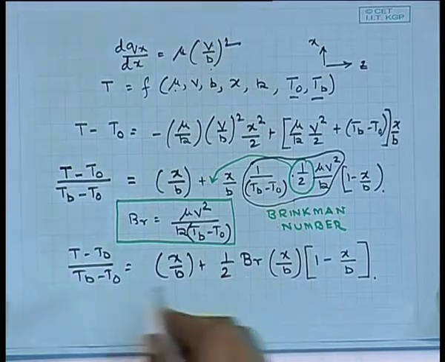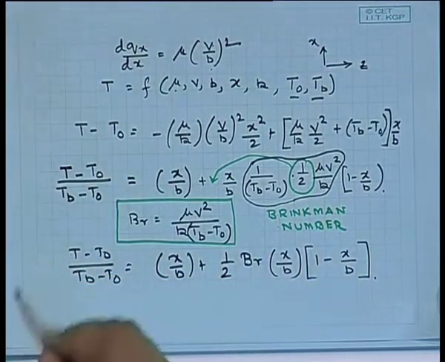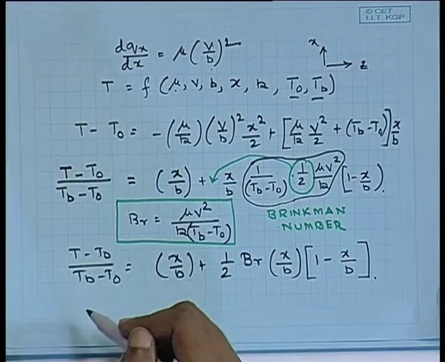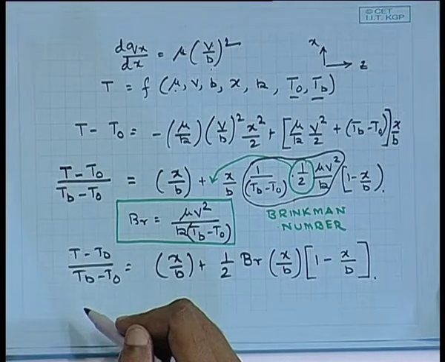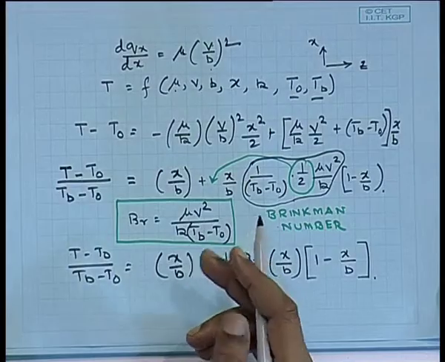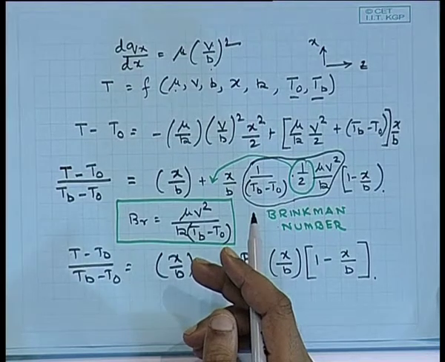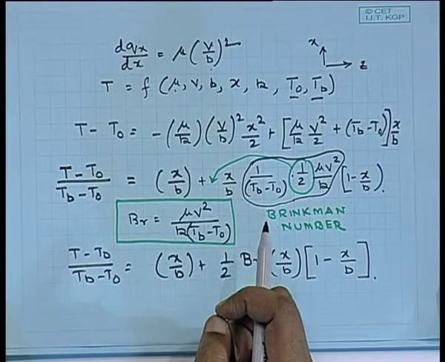Now, armed with this equation, you as an engineer have to find out whether there is any specific range of Brinkman number which would give me a maximum in temperature in between T0 and Tb.